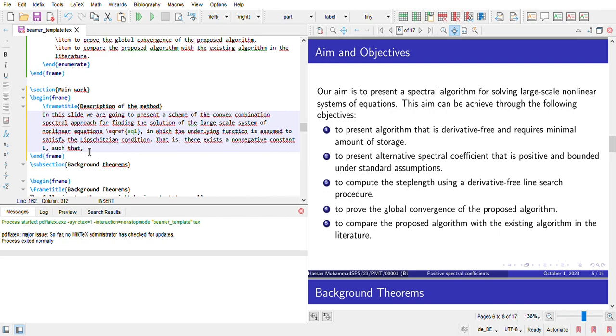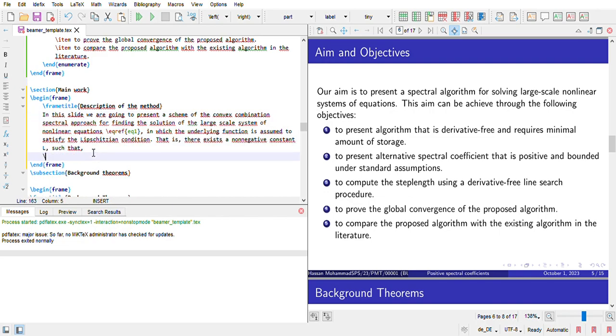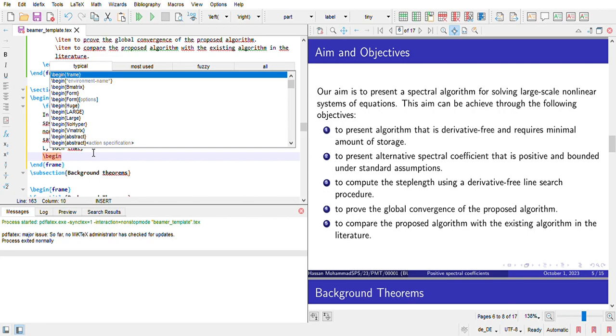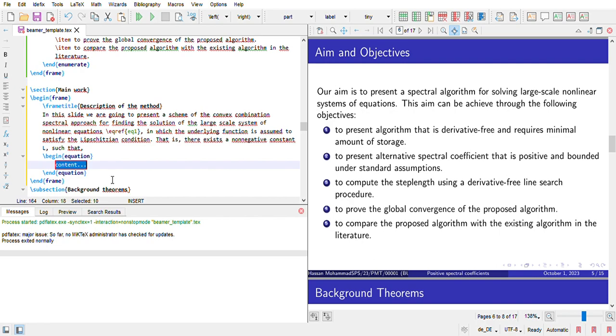So I will put the Lipschitzian condition now as an equation. Begin equation. Maybe I can number it so that I can recall it somewhere in my slide.